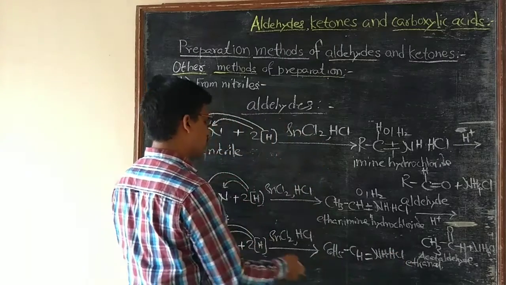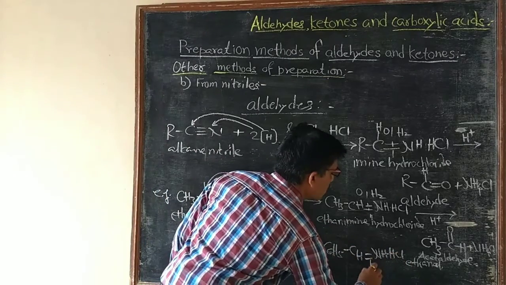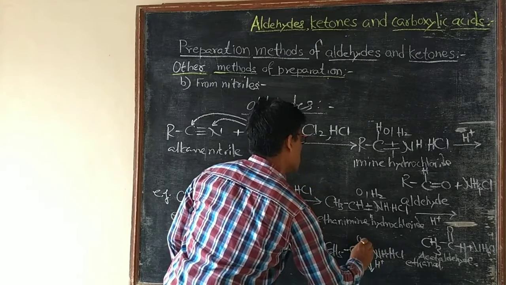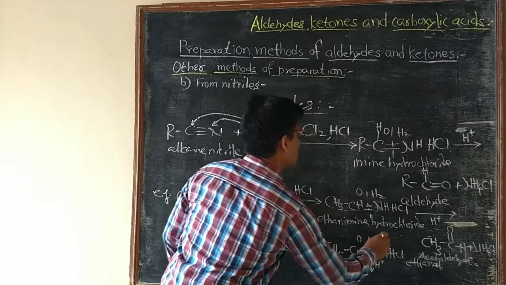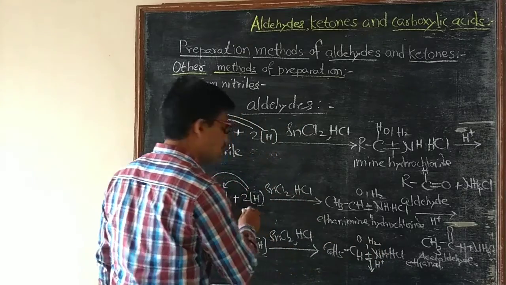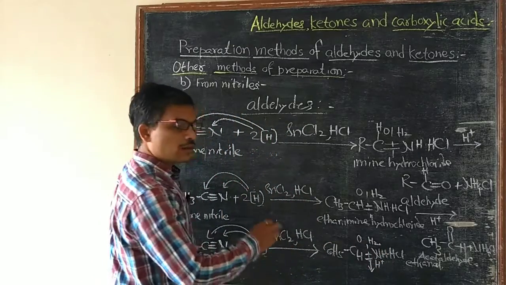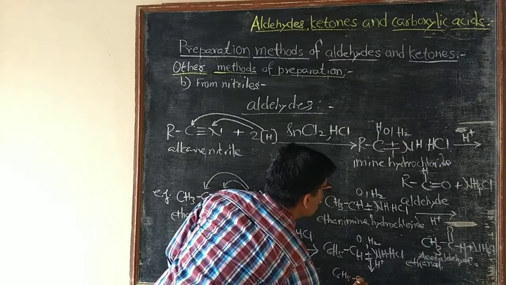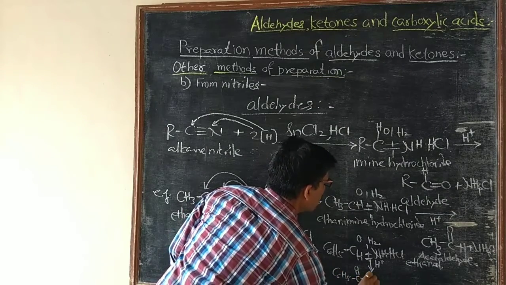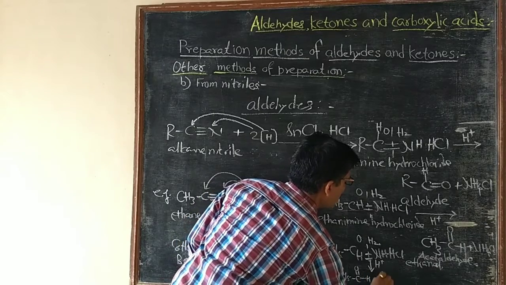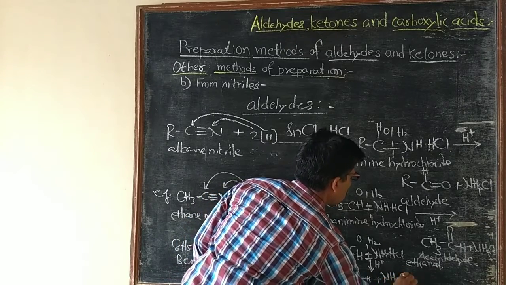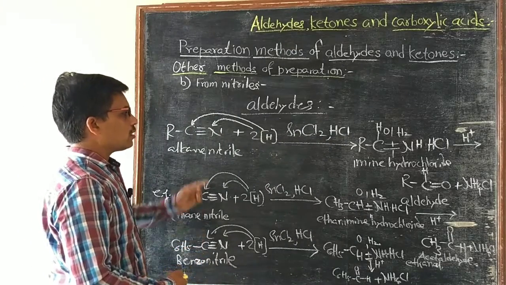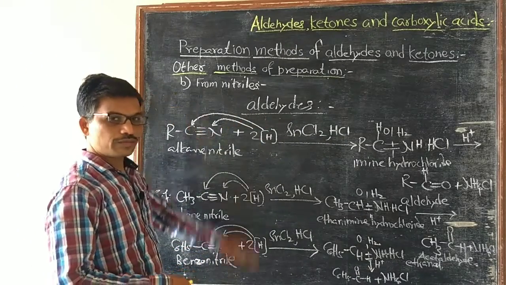This imine hydrochloride further undergoes hydrolysis in presence of H plus. In this way, it forms its corresponding aldehyde, that is benzaldehyde, C6H5CHO plus NH4Cl. This reaction is also called Stephen's reaction.